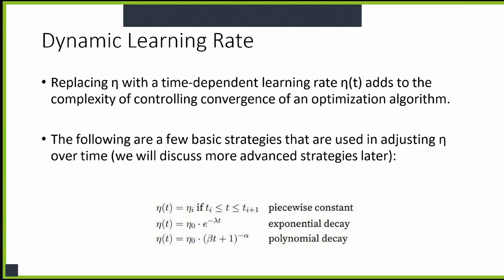Because if the learning rate is still high at the end of the training, there will be a risk that we overshoot the minimum and are not able to converge. So the basic insight for having the learning rate dynamic is because of the different characteristics that the model faces throughout the training.